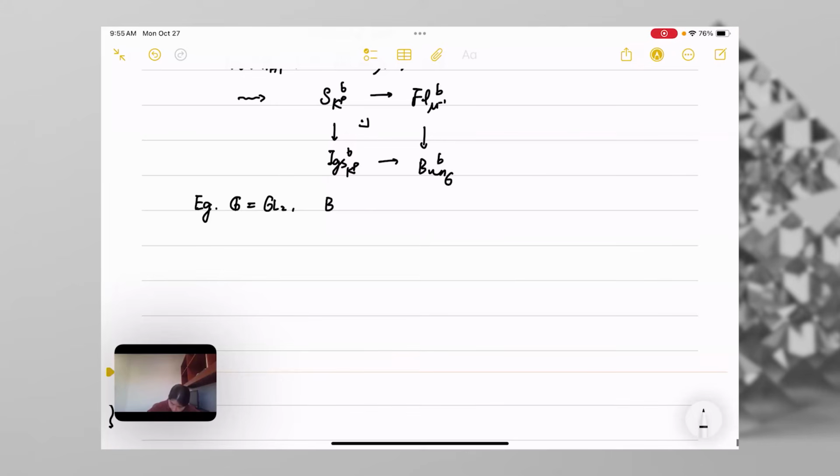So in general for GL_n, the Kottwitz set will be just given by the Newton polygons of the correct shape. And mu inverse will give rise to some Hodge polygon. And the set B(G, mu inverse) will be the Newton polygons.